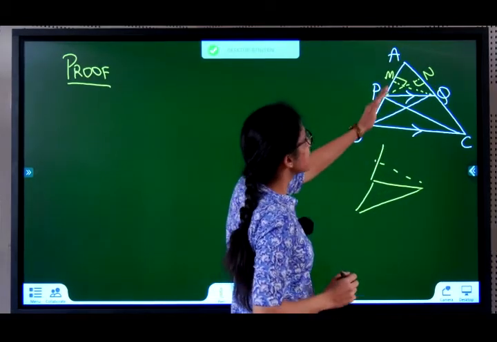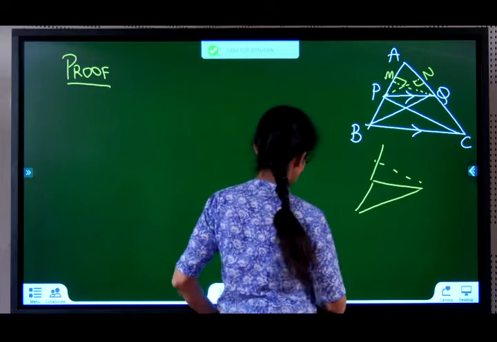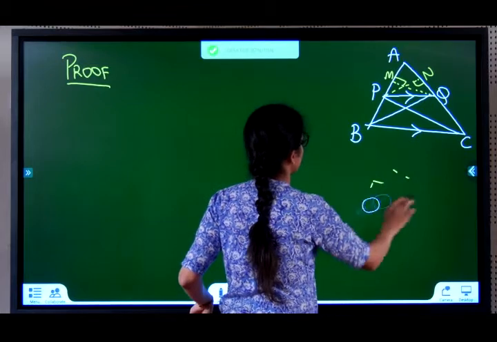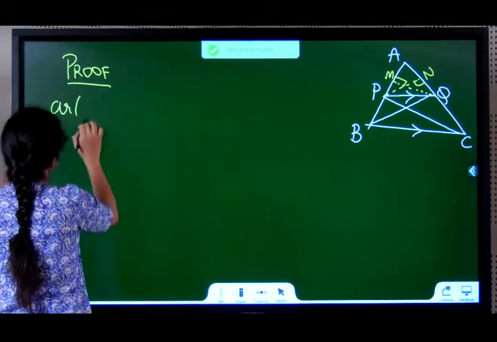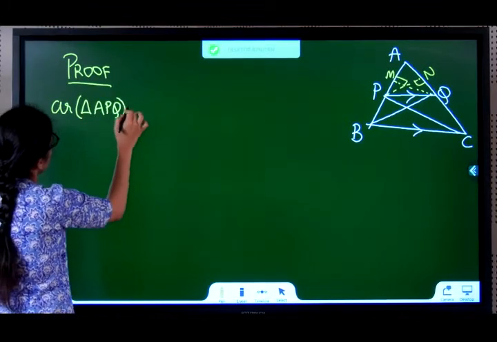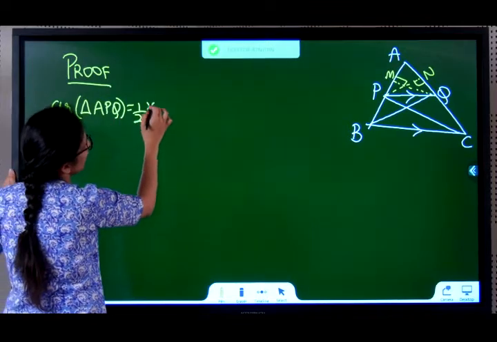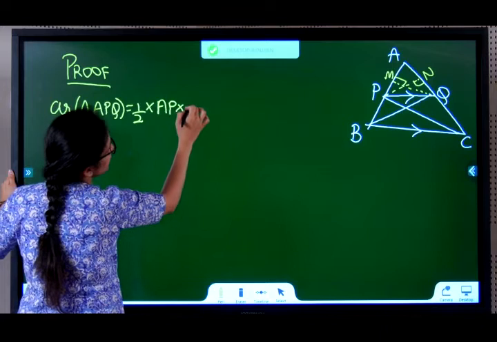So I have BP involved. So I want to involve AP and BP, right? So what we are going to do in the proof is take area of triangle APQ, half into base into height. Half into base is AP, height is QM.